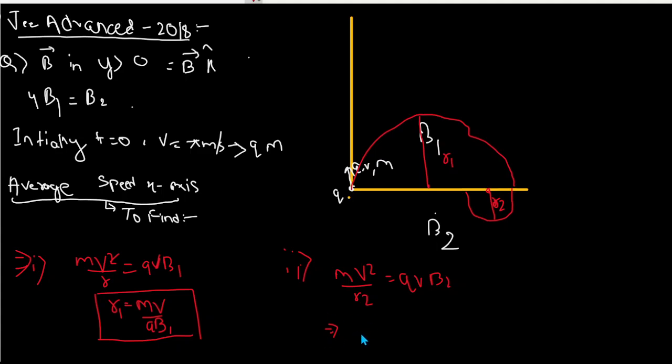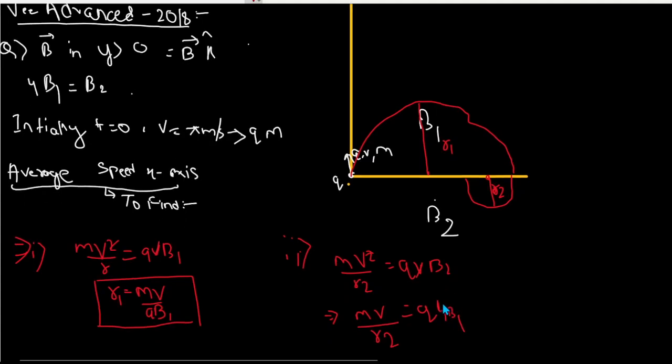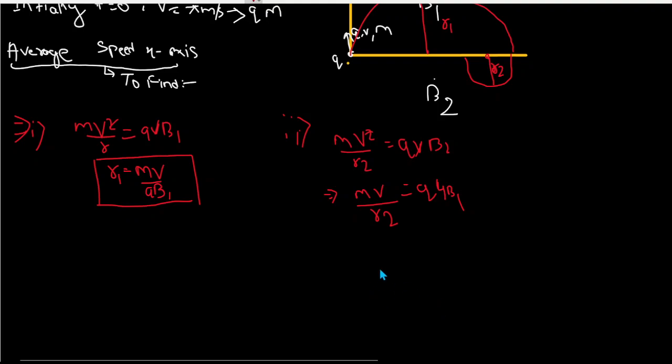So mv square by r2, then again we cut down the velocity here. mv divided by r2 is equal to q into 4B1, because it is B2. Putting the value in the relation, the radius 2 is equal to mass into velocity divided by 4qB1.